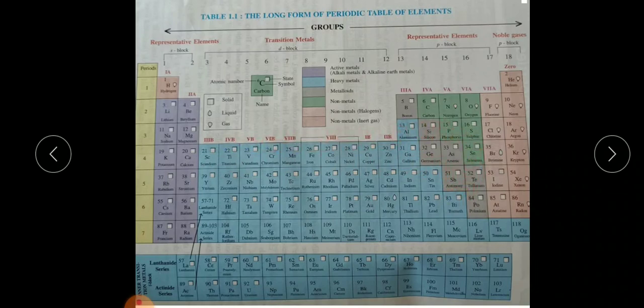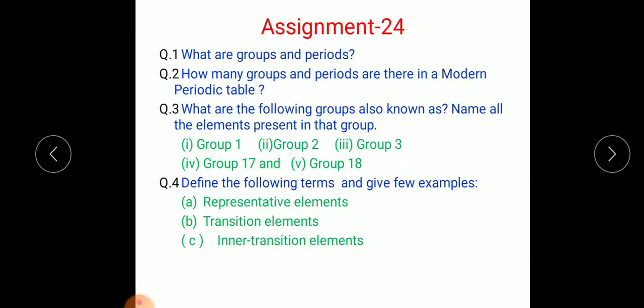Now today's assignment. The first is, what are groups and periods? Question number 2, how many groups and periods are there in the modern periodic table? Question number 3, what are the following groups also known as? Name all the elements present in that group: group 1, group 2, group 3, group 17, group 18.